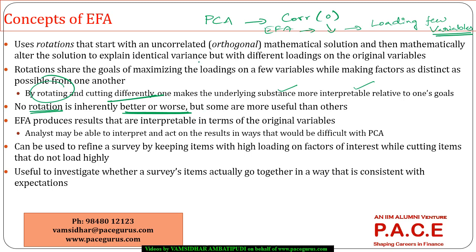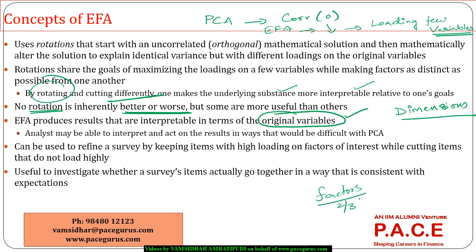And a much bigger difference between EFA and PCA is that in PCA, I am only looking at dimensions, but in exploratory factor analysis, I can still talk in terms of the original variables, because every factor has hardly two or three variables which are dominating it. So when I talk about one particular factor, I am virtually referring to these two or three variables.